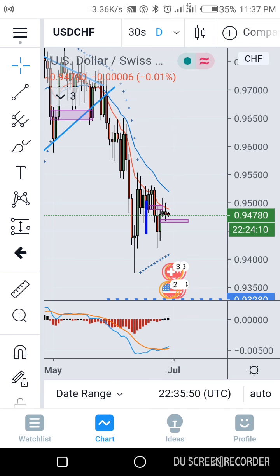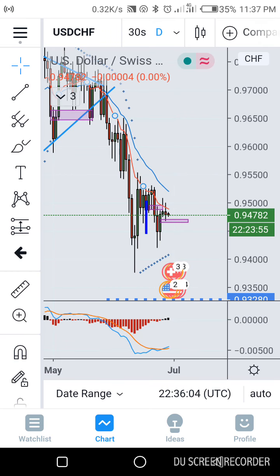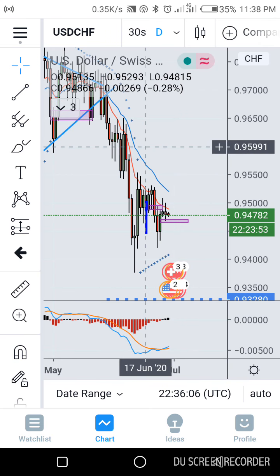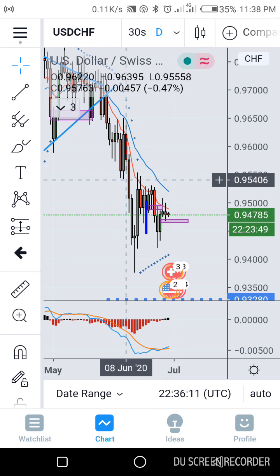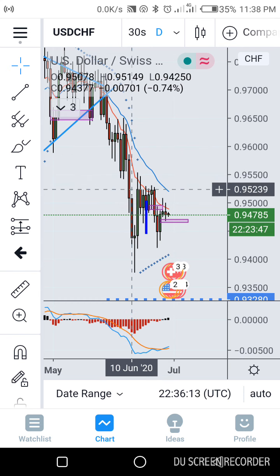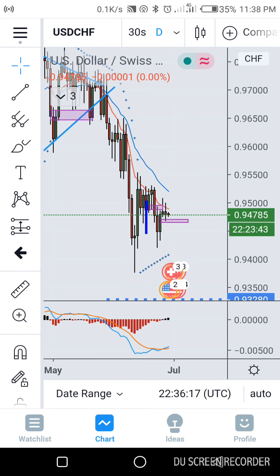Now on this daily time frame, you can see a clear impulse to the downside. Now these 3 candles, 1, 2, 3, and this last candle. This red candle followed by this one and this one give us a clear impulse to the downside.